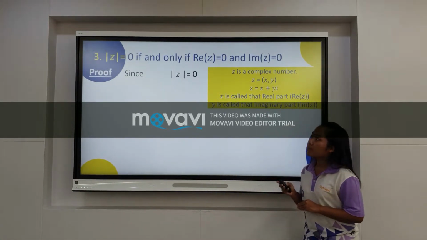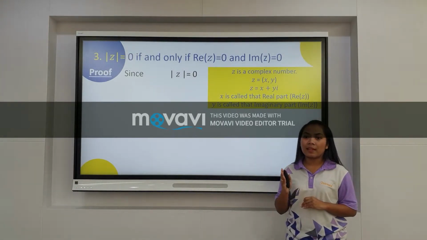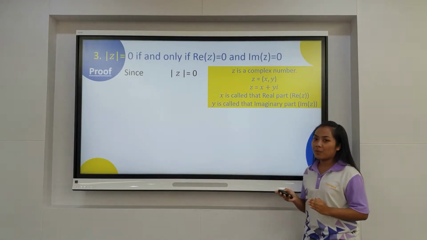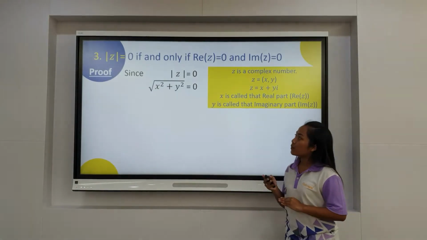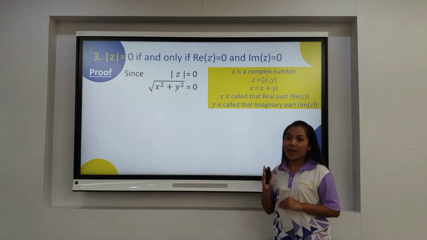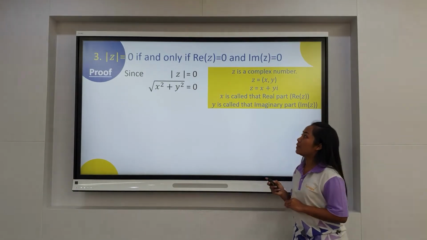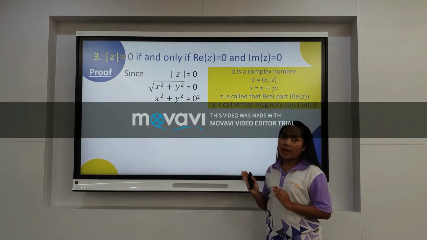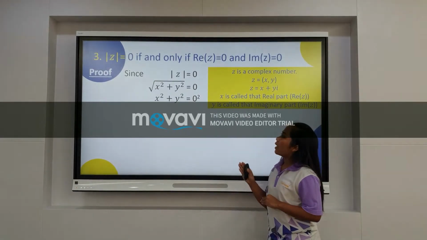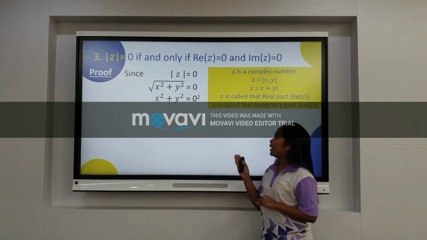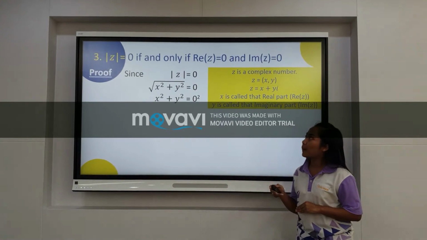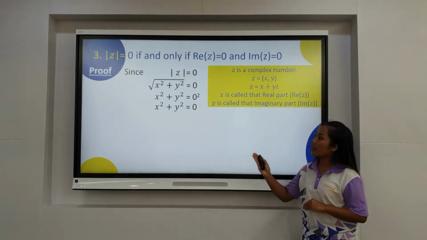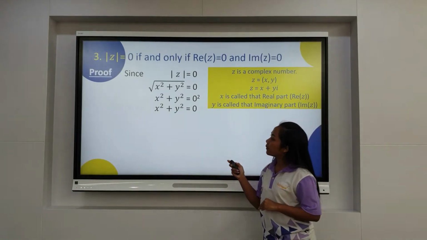Since absolute z equals 0, and we already know absolute z is the square root of x squared plus y squared, we get the square root of x squared plus y squared equals 0. We square both sides and get x squared plus y squared equals 0 squared, and 0 squared equals 0, so we get this equation.